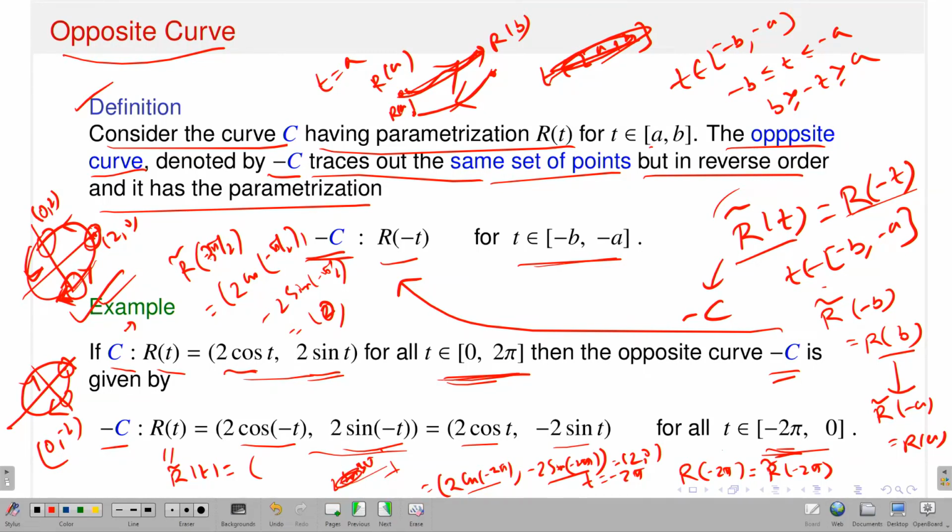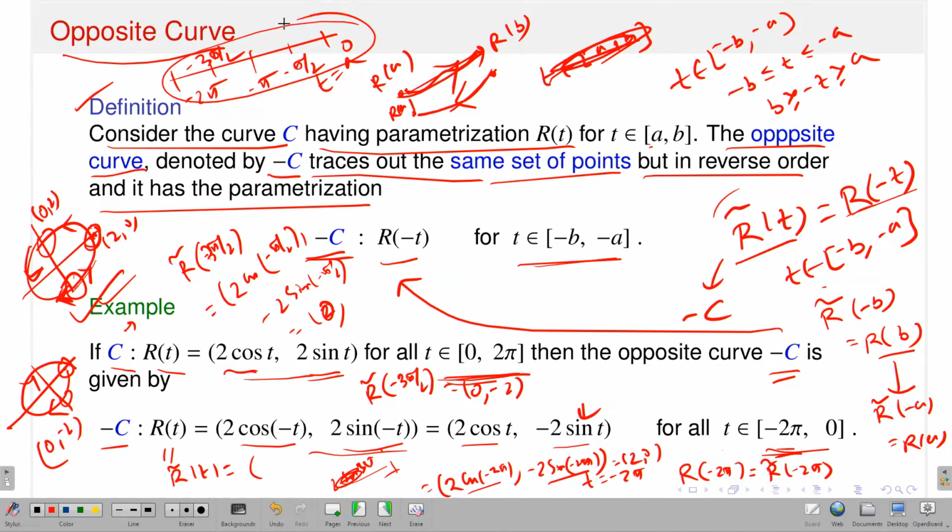So you just take the point r twiddle of minus 3 pi by 2. Calculate it and you will be able to get it. This should be (0, minus 2). So the breakup is like that: you will have minus 2 pi, then minus 3 pi by 2, minus pi, minus pi by 2, and 0.